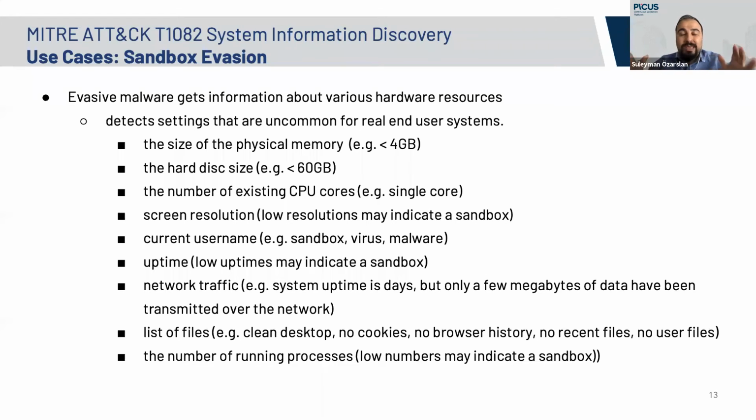And there is a lot of different information that can be used to detect if it is in a sandbox or not. So this technique, system information discovery, is also important to detect sandbox evasive malware. If a malware or a process checks some of this information, it may indicate that it is malware that tries to evade the sandbox or the virtual machine.